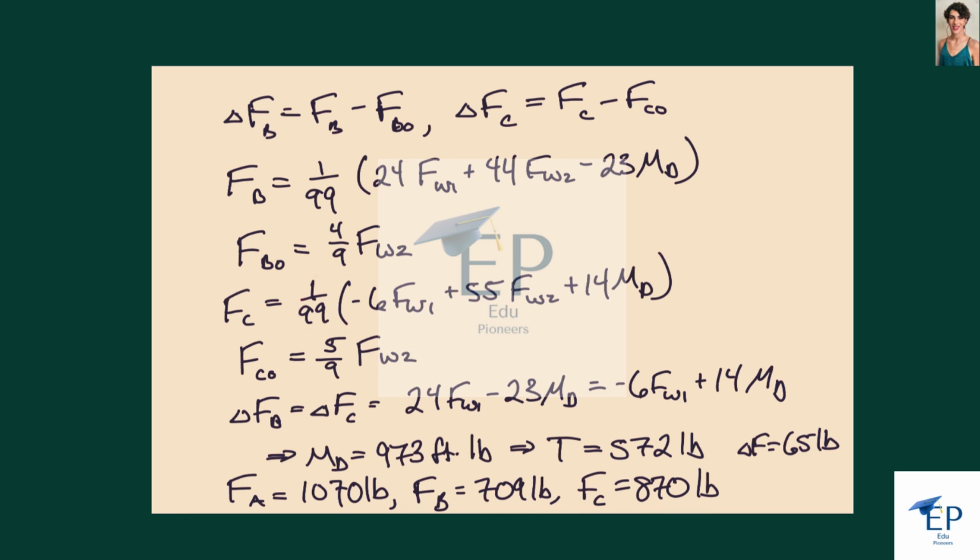We can see we have generally, in terms of the weight of the trailer, the truck, and the moment at the hitch. And then for FC naught, when we get rid of the trailer and the hitch, we're just left with this term. So we can find delta FC.